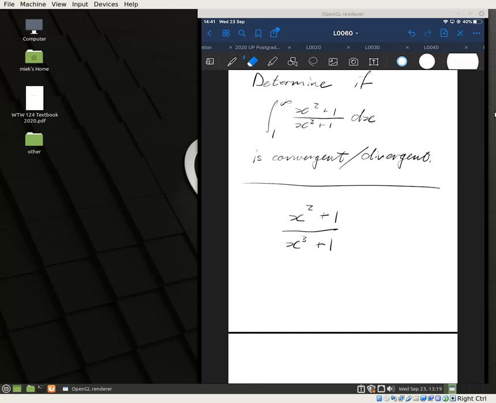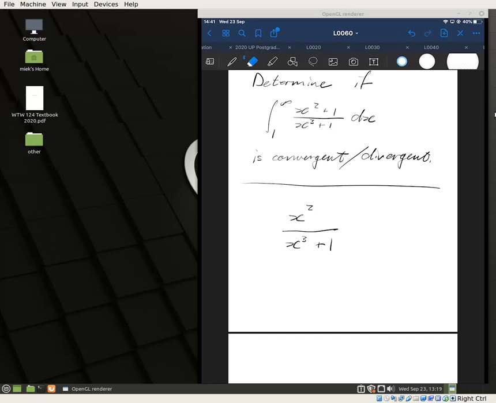If we think about this expression, x squared plus 1 over x cubed plus 1, if x is very, very large, then this plus 1 hardly has any effect on the size of the numerator.